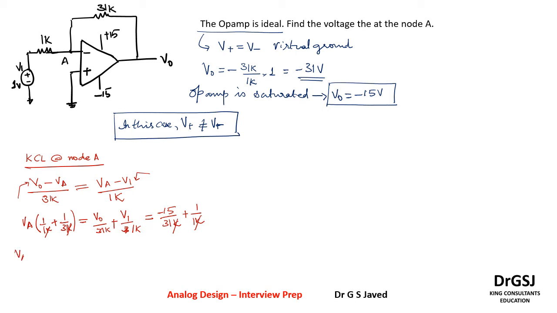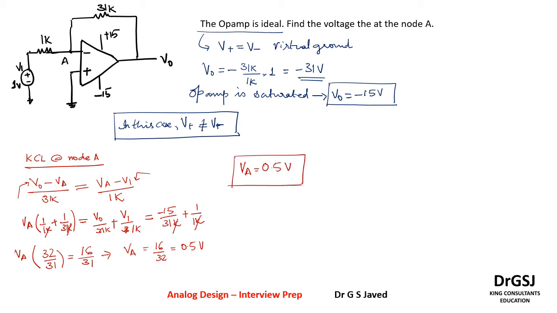So VA is equal to (31 minus 15) by 32, that is 16 by 32, which is 0.5 volt. So the voltage VA is equal to 0.5 volt.